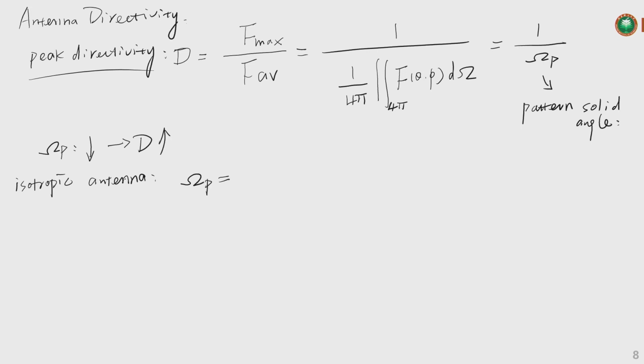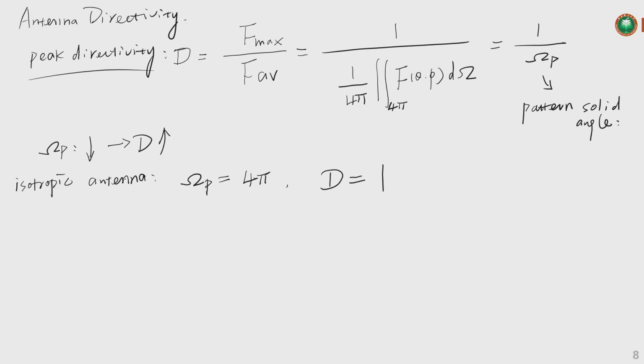For a point source it should be 4 pi, right? So its peak directivity equals 1.